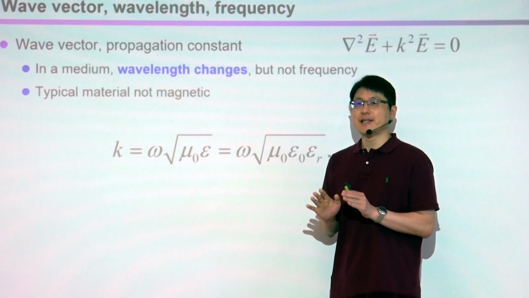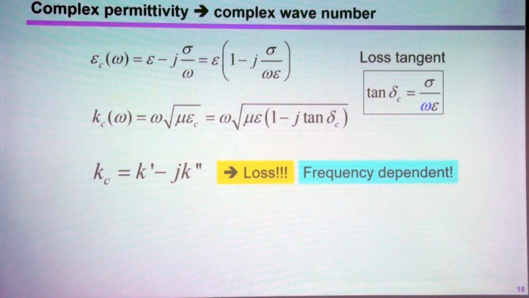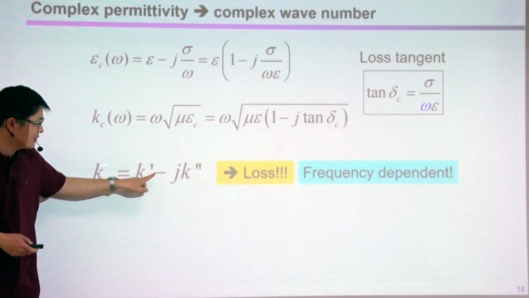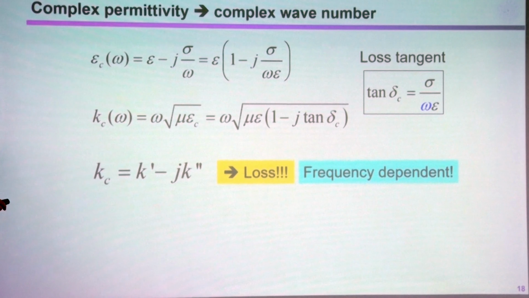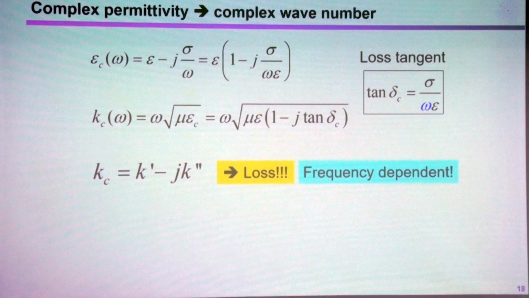Now, if your epsilon is having the real part and the imaginary part, that is making your k also complicated, right? It has the real part and the imaginary part. Now, if you compare back to transmission line, this is gamma. Gamma equals alpha plus j beta. Okay? So you have a loss.